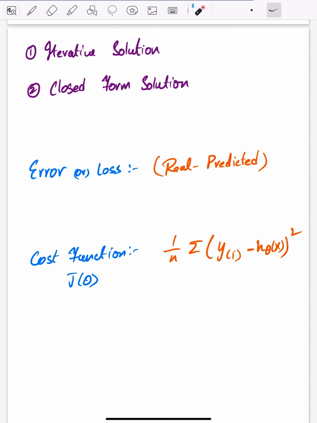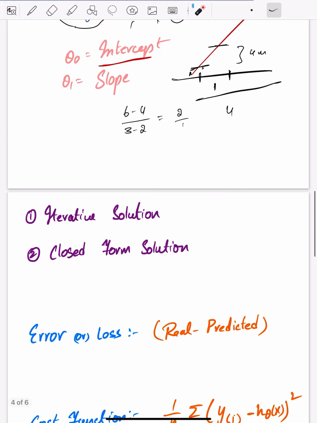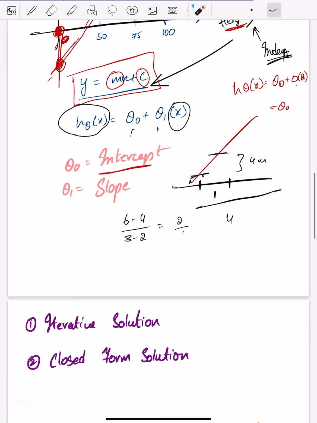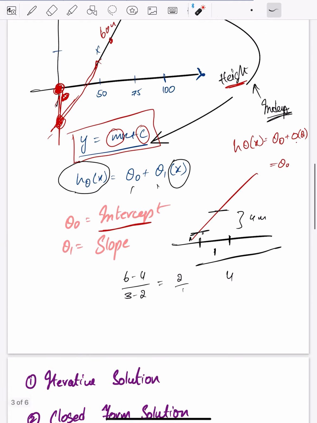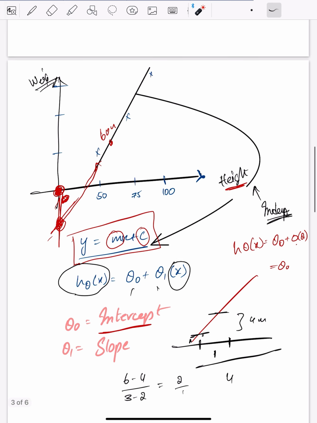So what is iterative, what is closed form solution? Iterative solution is first you find some weights and you will modify those weights until you find the best weight that fits our data, the best line that fits our data in the sense. So let me explain.